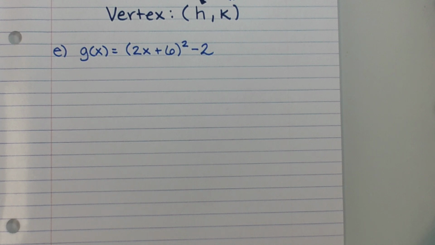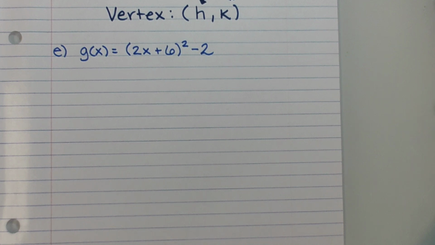It has to do with the fact that that B value, while it only affects the X technically, vertex form will have it simplified out and pulled out of those parentheses.